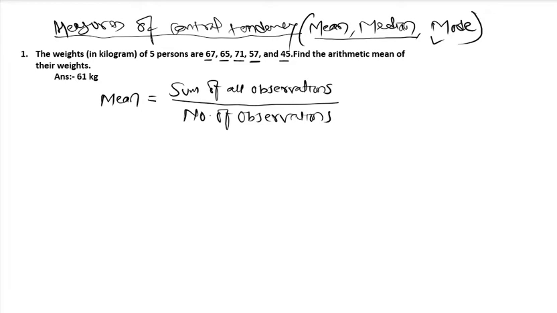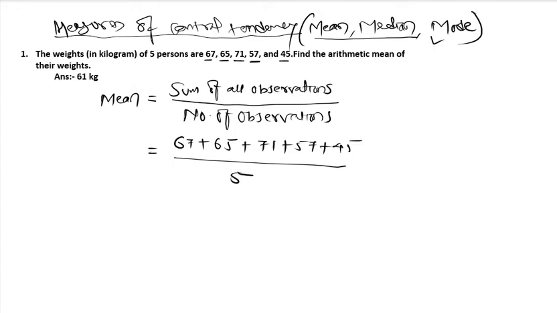So here, as we can see, there are 5 observations, 5 people are there. So mean will be equal to 67 plus 65 plus 71 plus 57 plus 45, the whole upon number of observations. Number of observations is 5. Let's add and divide and get the answer.